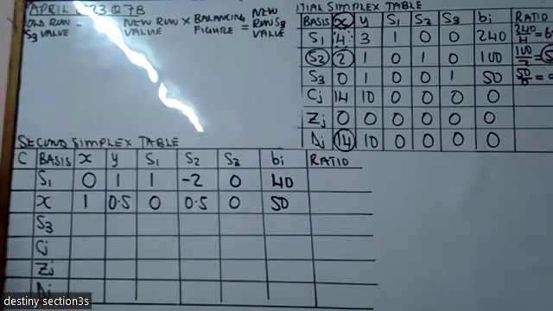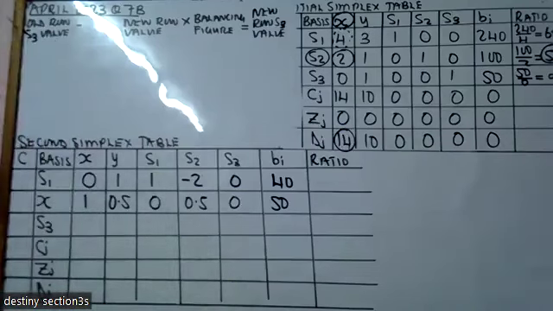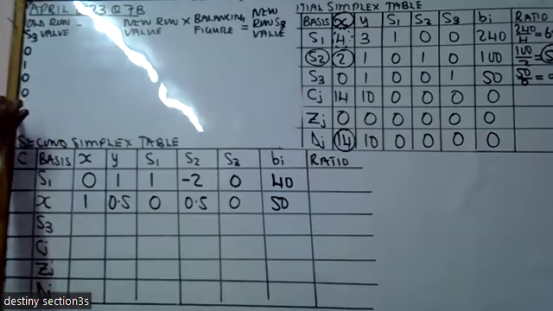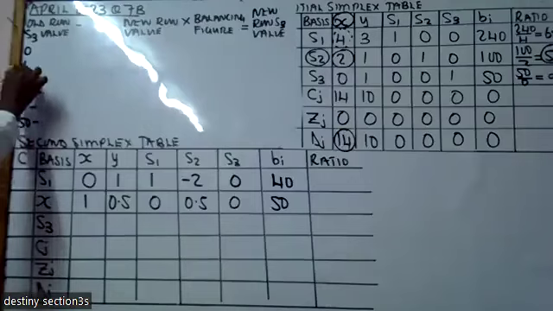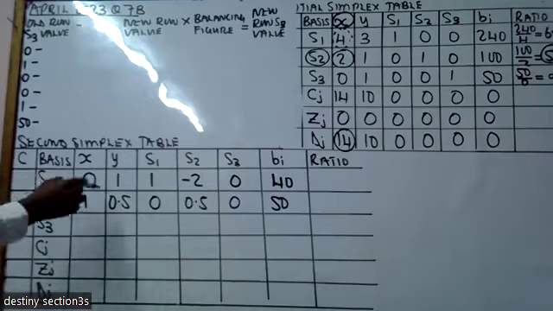So sasa, the old row is 3, ndio hii. Iko na 0, iko na 1, 0, 0, 1 and 50. Then you say minus the new row.